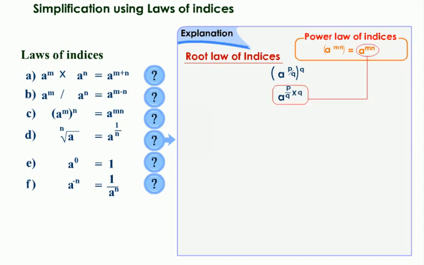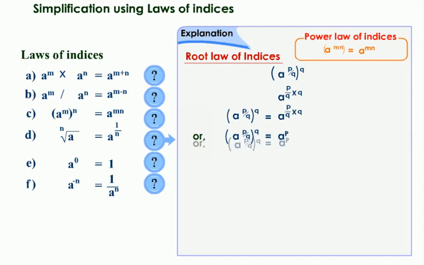Hence, we have (a^(p/q))^q equals a^((p/q) into q), or (a^(p/q))^q equals a^p.